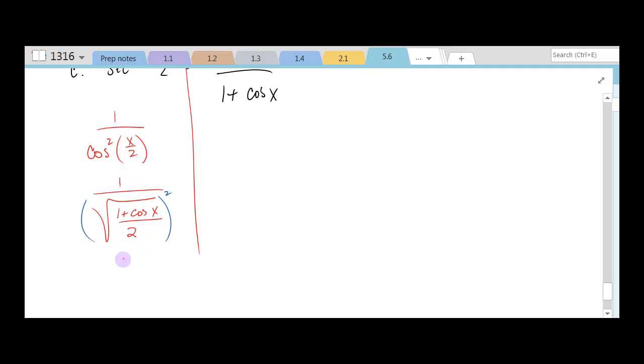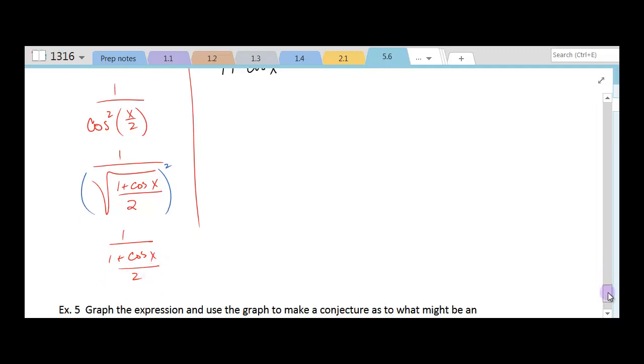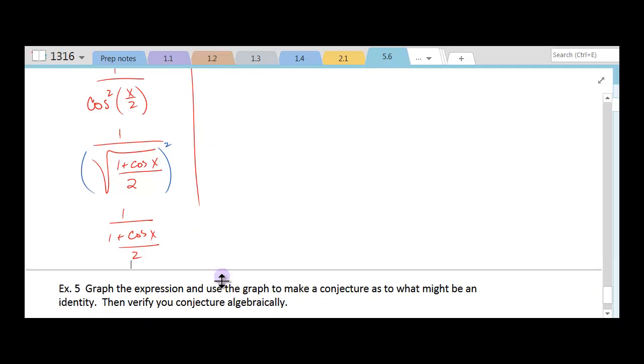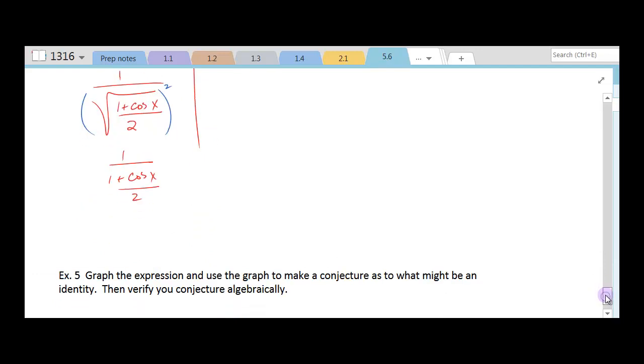That leaves me with 1 over 1 plus the cosine of x divided by 2. And when I simplify that, this 2 simply moves up to the top, and I'm left with 2 over 1 plus the cosine of x, which is what I was trying to show. So I just showed that they are identities. I verified that they were identities.